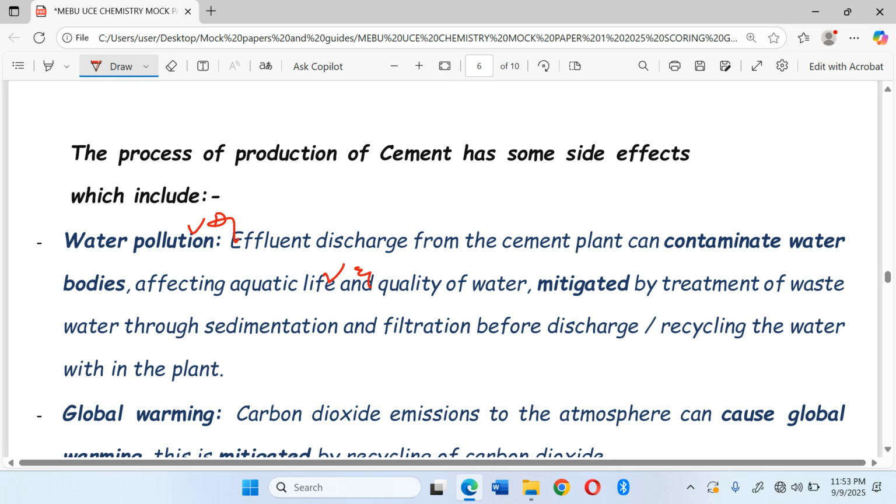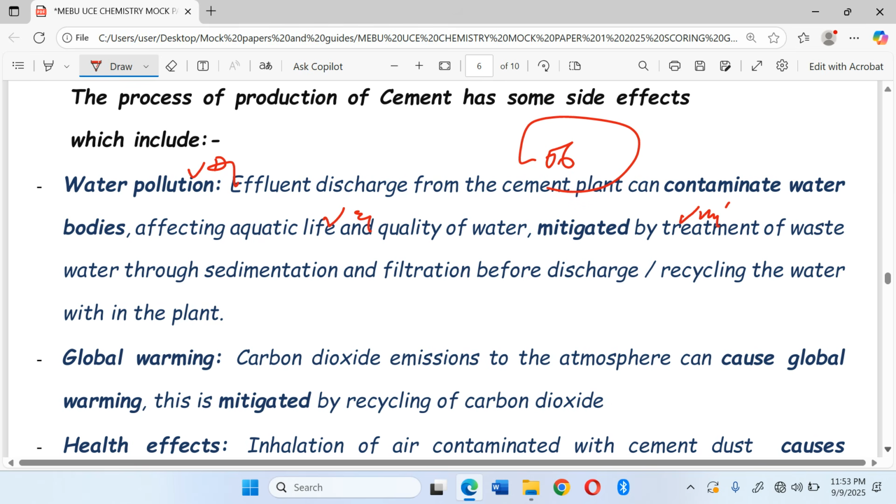This can be mitigated by treating waste water through sedimentation and filtration before discharge, or recycling the water within the plant. So you can see it even has the mitigation. When you give such a point, you get all your 6, only 1. You don't need very many points.